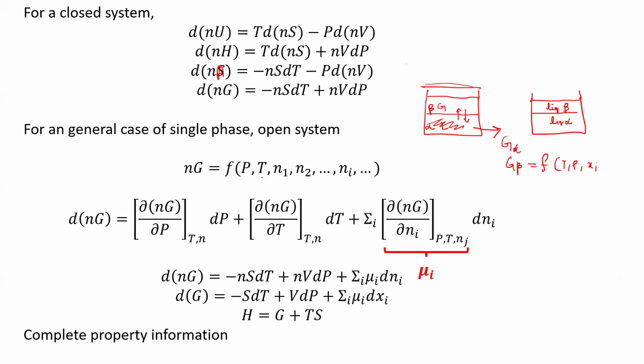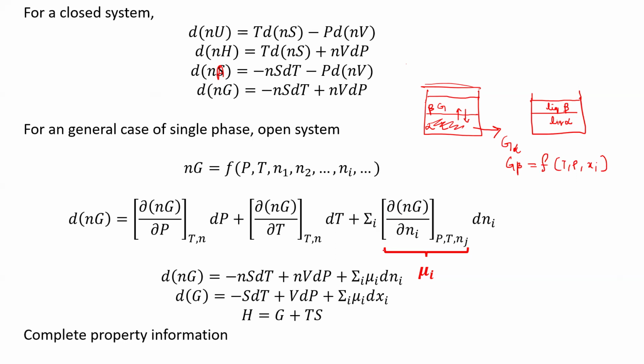If we differentiate it, the total differential is obtained as dou NG by dou P at constant temperature and number of moles, into dP, and similarly for temperature, and this is for moles. This will be a sigma: with two species, dou by dou N1 into dN1 plus dou by dou N2 into dN2. So a summation will be there.